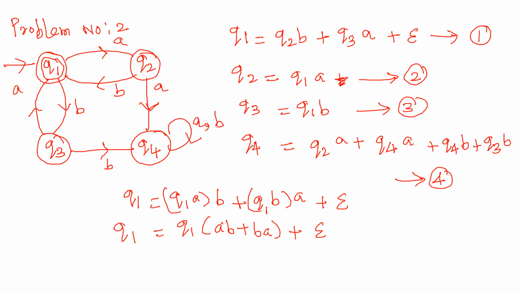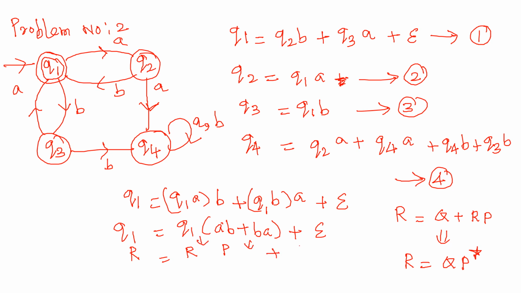Now you ensure that it is in the form of R is equal to Q plus R P, then R is equal to Q P star. So now you check. This is R, this is R, this is P, you just map it.